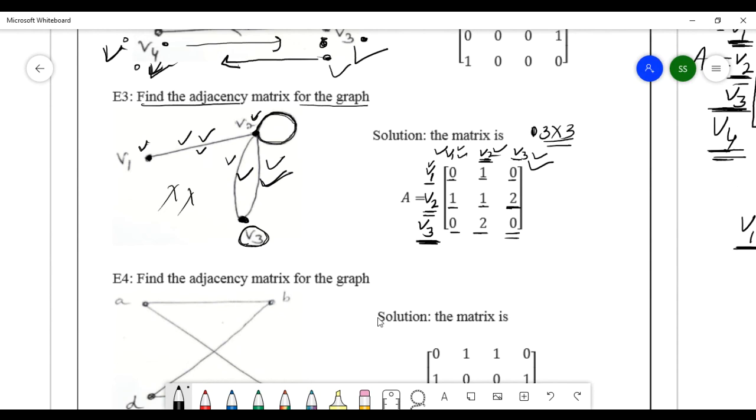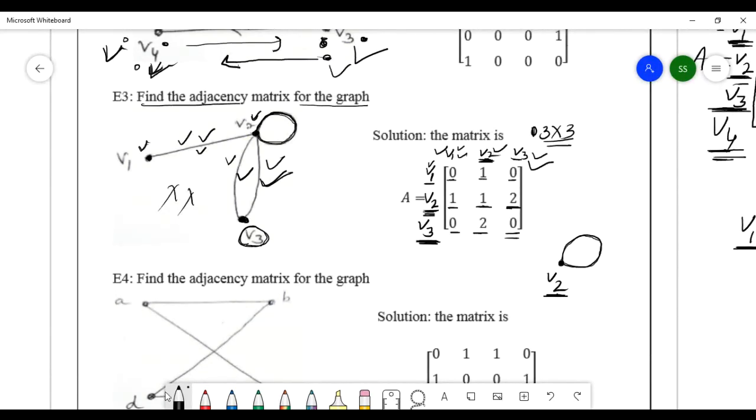You understand this? Any problem here? Look, suppose here is V2 and here a loop exists. So if you see V2, it means one edge here. So V2 and this V2, here one edge.